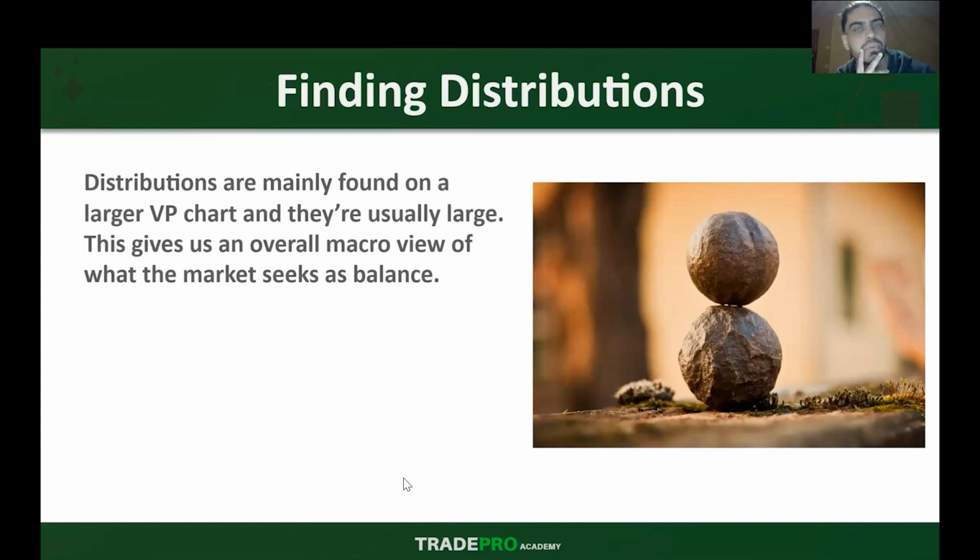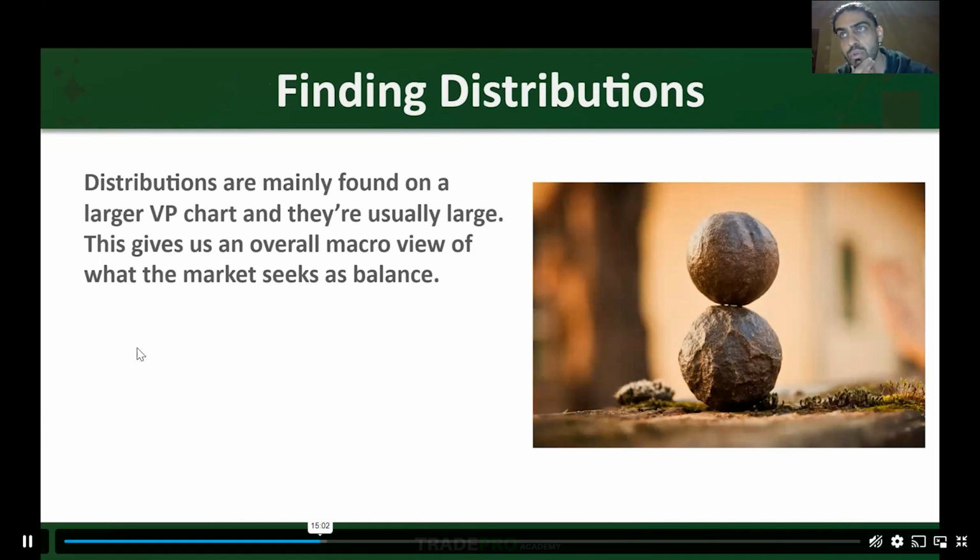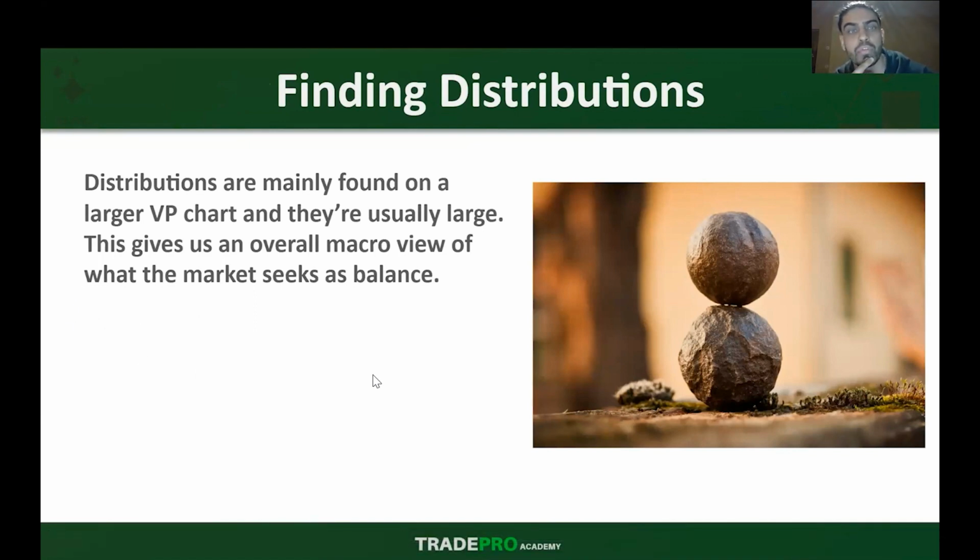When we look at distributions, finding distributions are mainly found on a larger volume profile chart, right? You look at multiple days at a time of a volume profile, and that's where you'll find the big distributions. They're usually very large, so a large distribution can be defined at like 30, 50 points realistically.